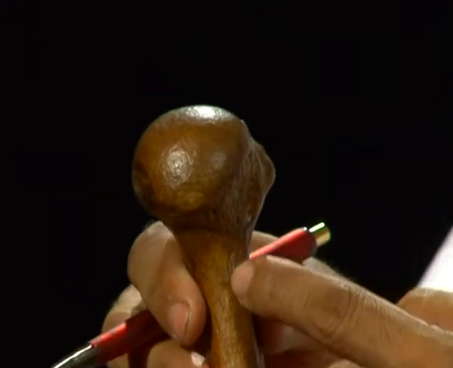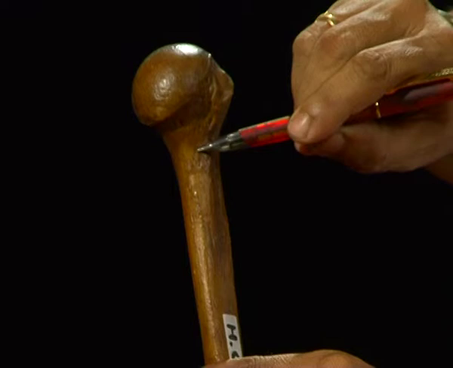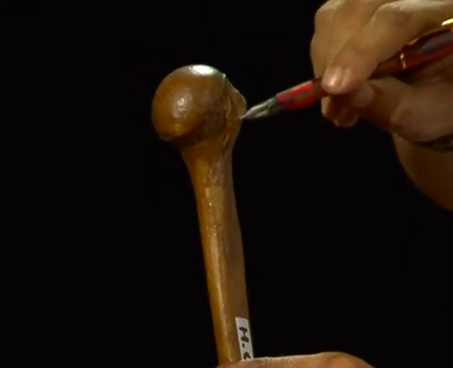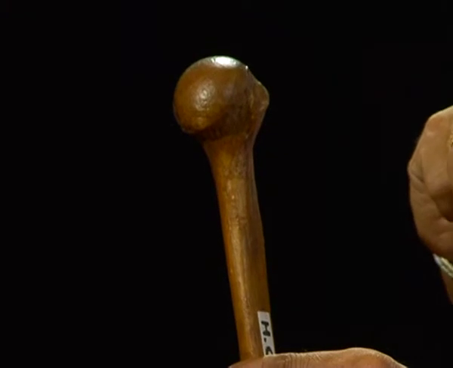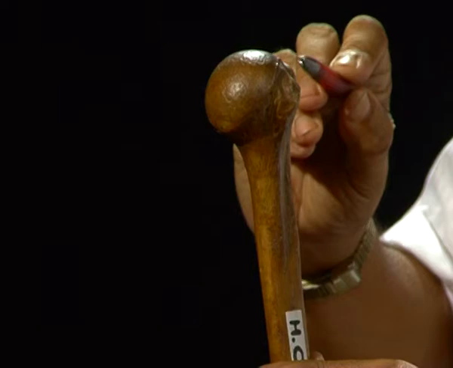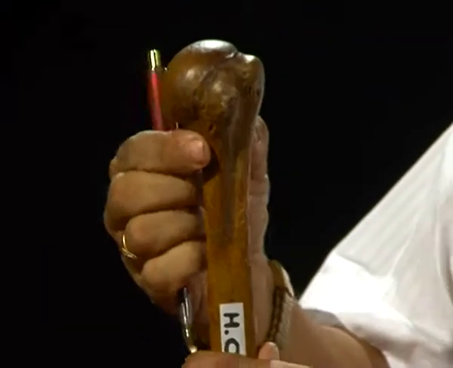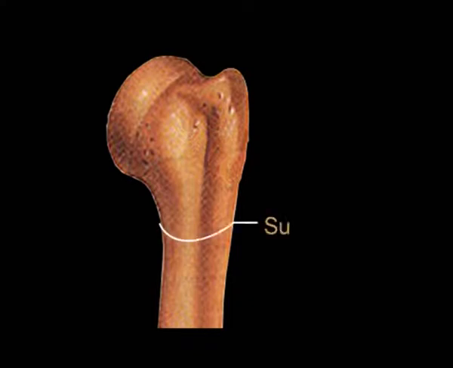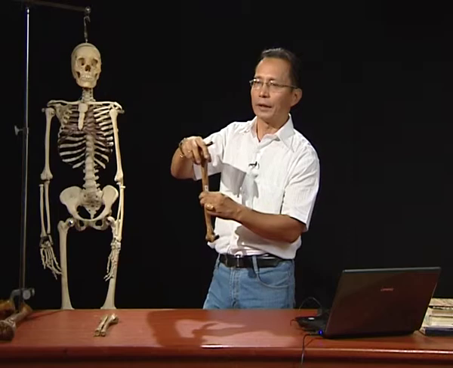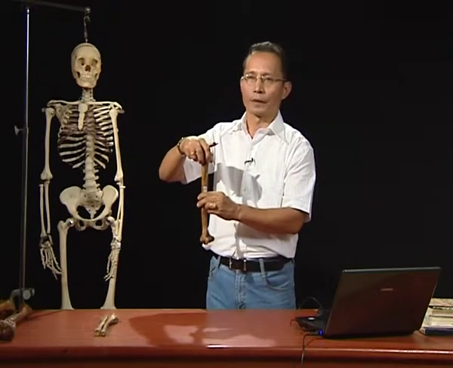If you just extend it and do like this, you get an angle. This is obtuse angle. So now, just below this greater and lesser tuberosity, this part is called surgical neck. So this forms your upper extremity.